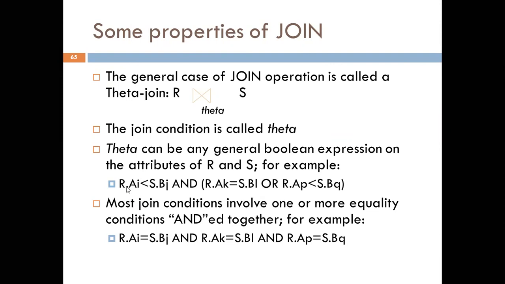For example, R.Ai less than S.Bi and R.Ak equal to S.Bi or R.Ap less than S.Bq. So multiple terms can be combined together with AND or OR operations. The entire condition together is called theta, and it is also called a theta join operation.